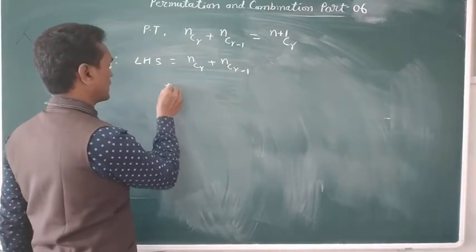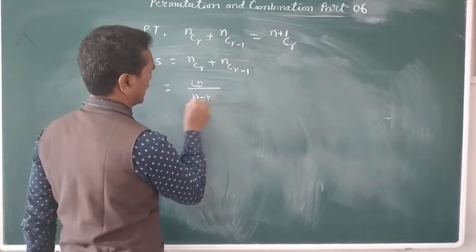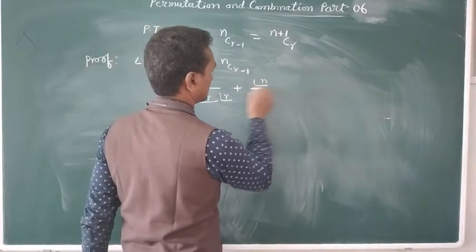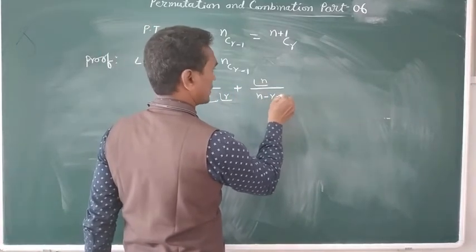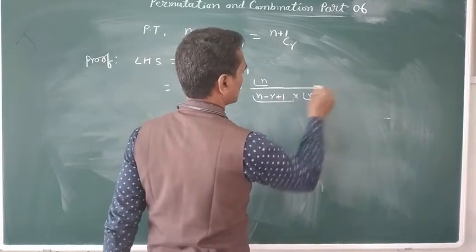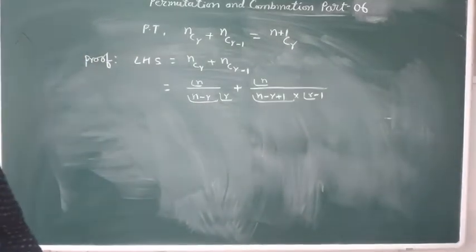Now write its value: factorial n over (n minus r) factorial, factorial r, plus factorial n over (n minus r plus 1) factorial and factorial (r minus 1). Simply we have used the formula of nCr.